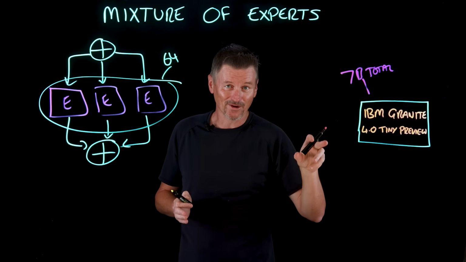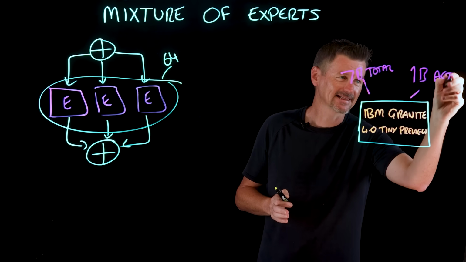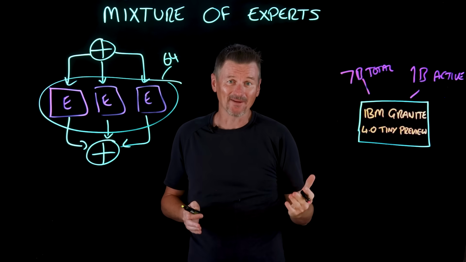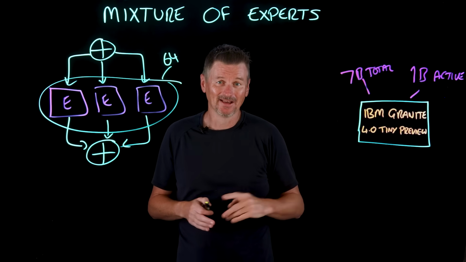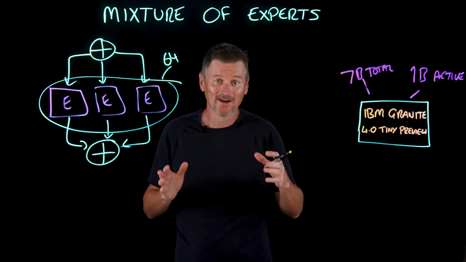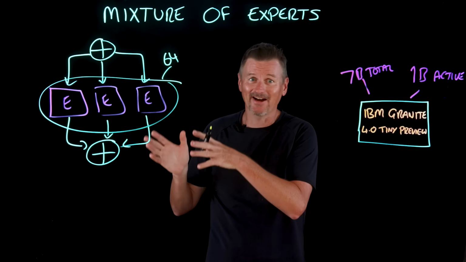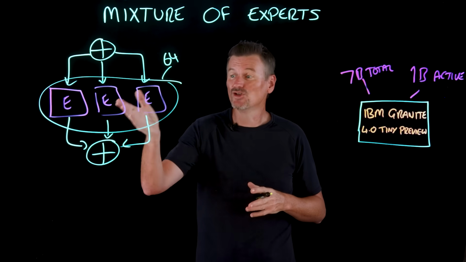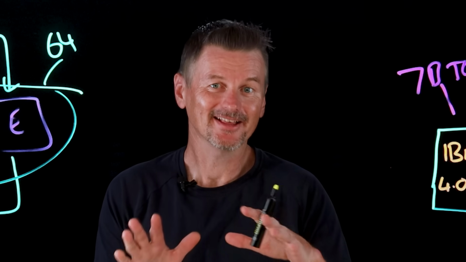But of those, only about 1 billion are active at inference time. So that makes it a pretty memory efficient language model capable of running on a single, pretty modest GPU. So in an MOE model, these experts, they're not separate AI agents, they're specialized neural network components within the same model.